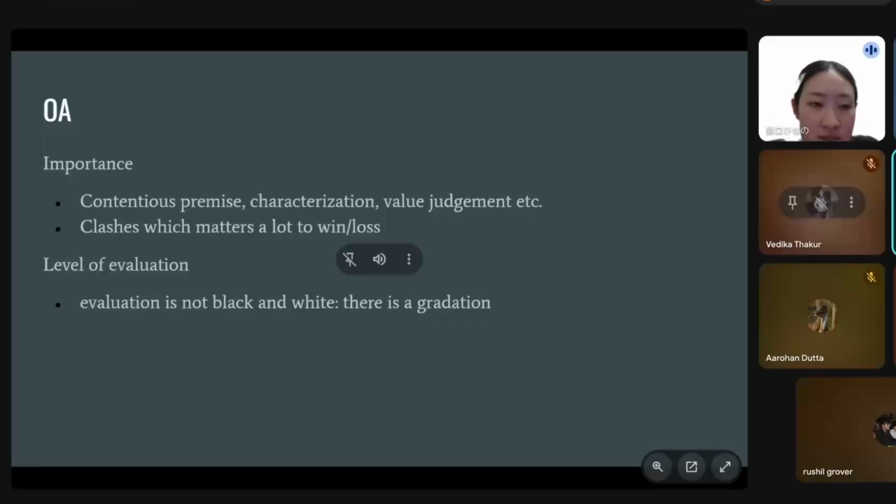Sorry, just one more thing. On frames or premises, as you call them, considering that the frames change in the round, let's say OG comes out and tells me that people are inherently violent, then OO says that people are not inherently violent, people are inherently gentle. Let's say CG agrees with OG's frame and CO agrees with OO's frame.